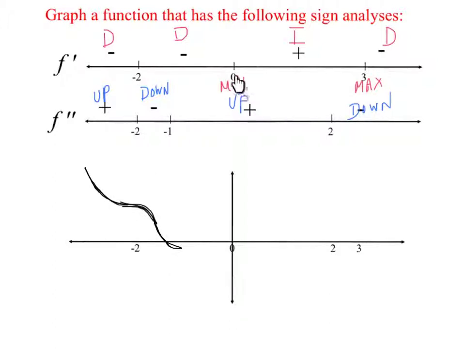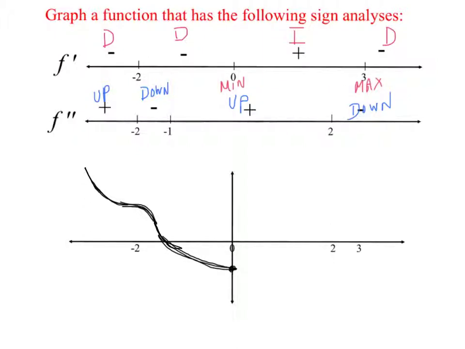And you'll see I'm going to have a minimum at 0. Where that minimum is, is kind of arbitrary. You can just put it down and then draw to it, but I need to make sure I'm still drawing concave up and hitting that minimum. I'm concave up all the way to 2, but I'm increasing past that.